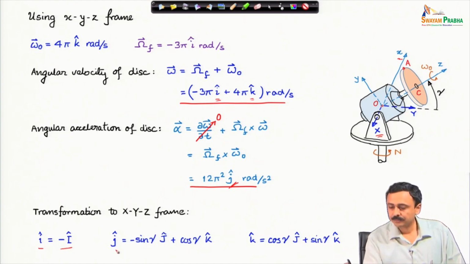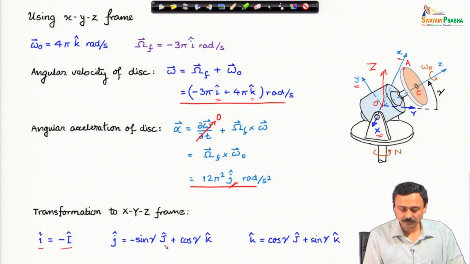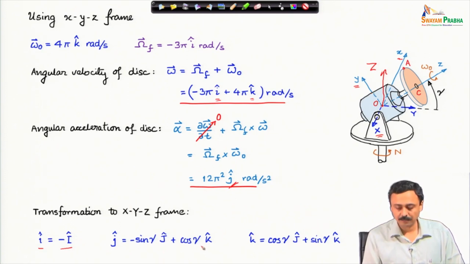j cap is in this direction, the y direction. If I express that in terms of capital X, Y, Z, Z is of course the vertical, this is capital Z. I can express j cap in terms of capital J cap and capital K cap.